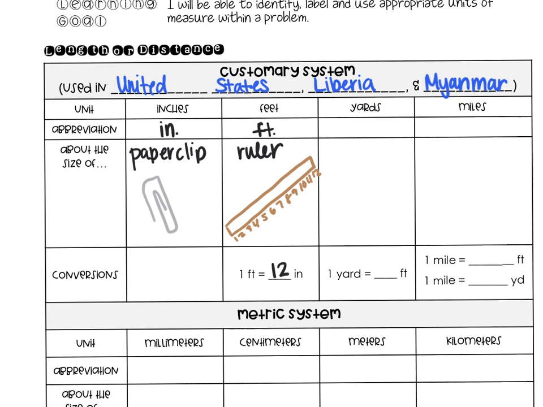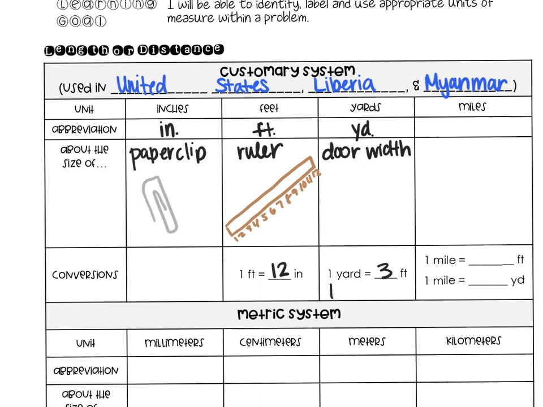All right, yards is abbreviated YD or YDS. For this, it's about the width of a door, because a yard is 3 feet.